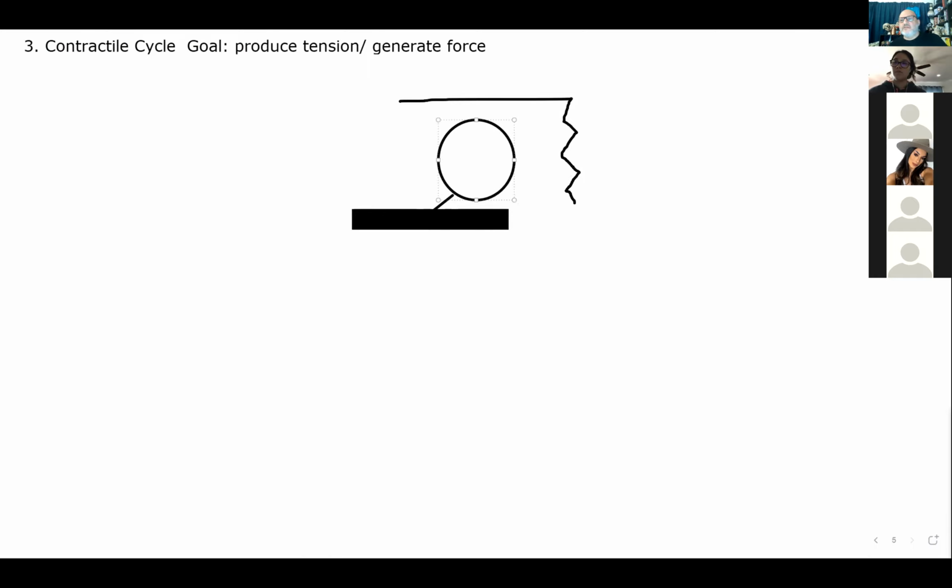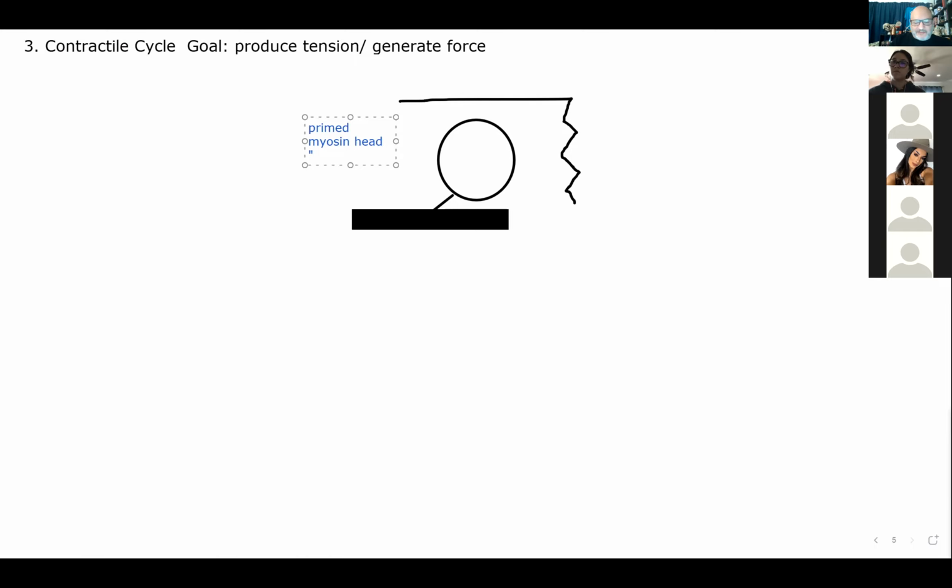And as we mentioned, this is a primed myosin head. So remind me again what that means. Excellent, absolutely. So in this case, you guys are absolutely right.